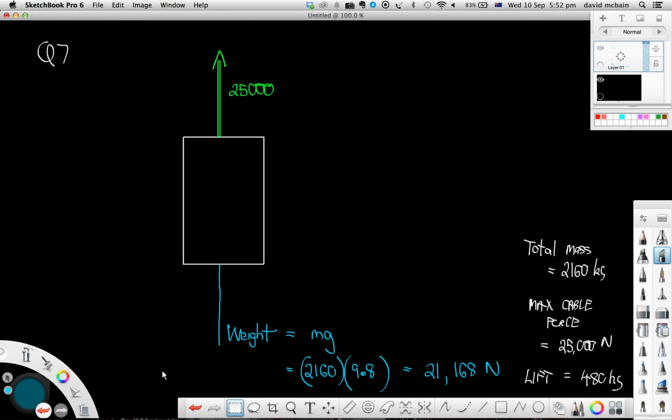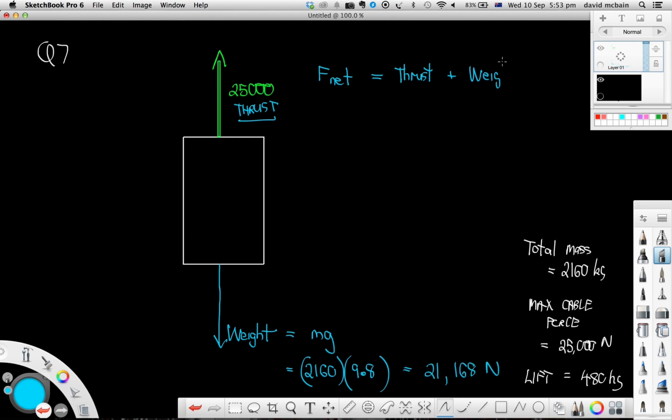Therefore, the net force acting on our elevator will be the cable force. I'll call that the thrust force. The cable is just acting as a thrust in this particular problem. It's actually trying to drive the elevator upwards. So the net force is going to be the thrust force plus the weight force. All the forces added together make up the net force, okay?